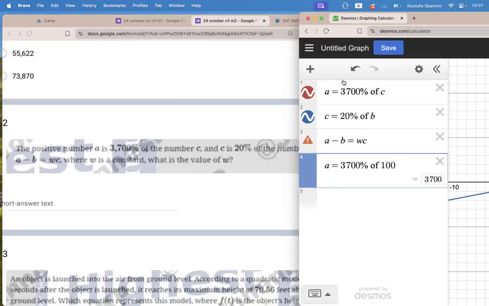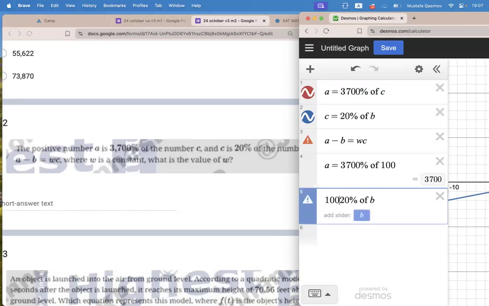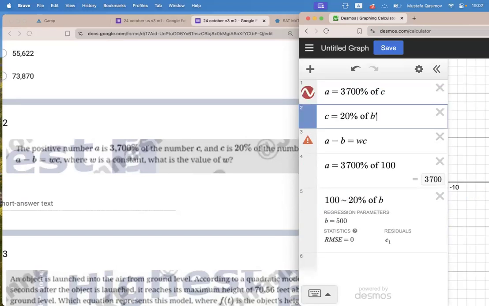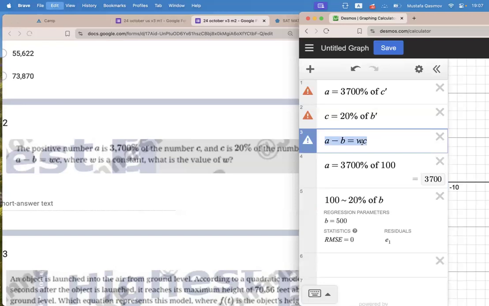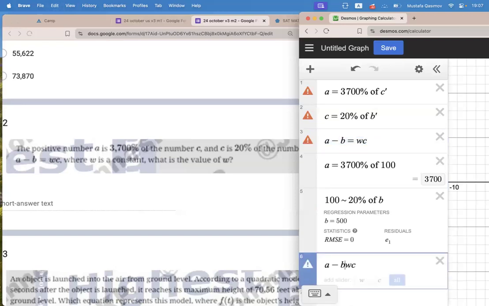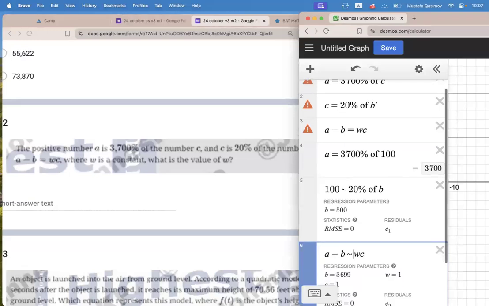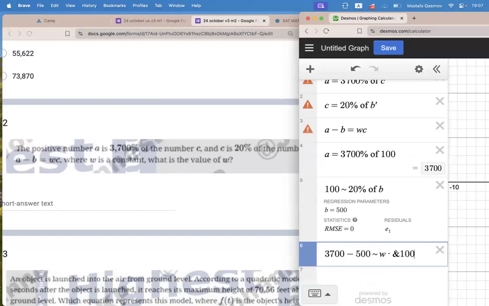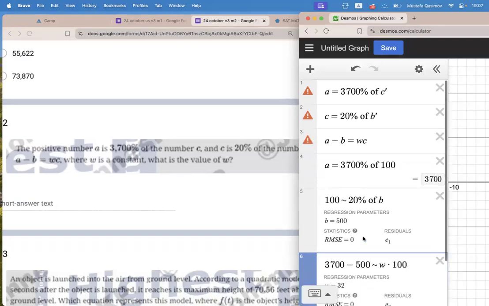A is equal to 3,700 and B is equal to 500, right? Then you must take also this one again. Then you have to write 500 instead of B, 3,700 and 100. Any question? So the answer is 32.